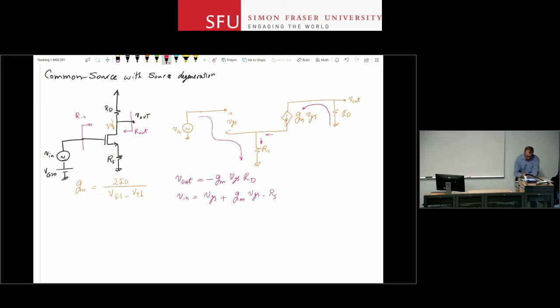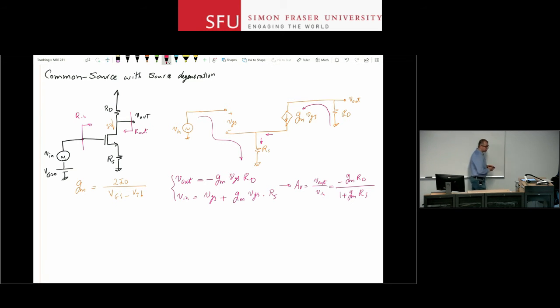So basically, I should be able to combine these two, eliminate VGS between them, and show that my voltage gain is minus GM RD over 1 plus GM RS.